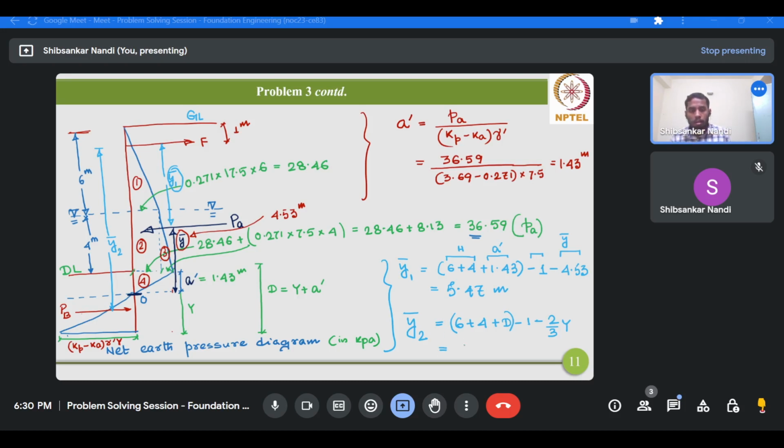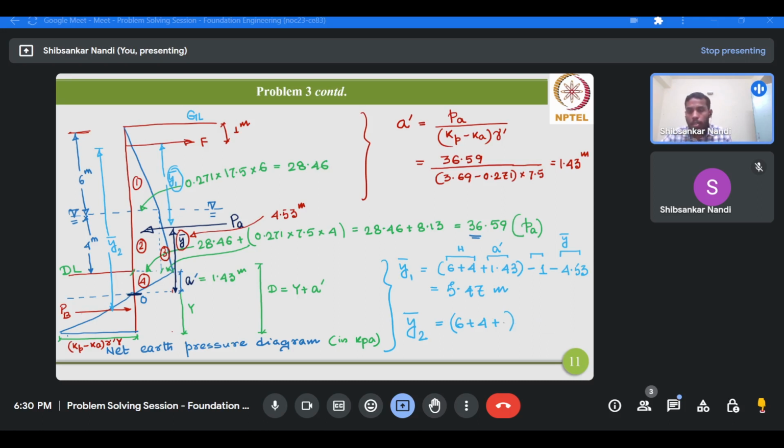I think I have missed another point here, so it will be better to represent it in terms of y.